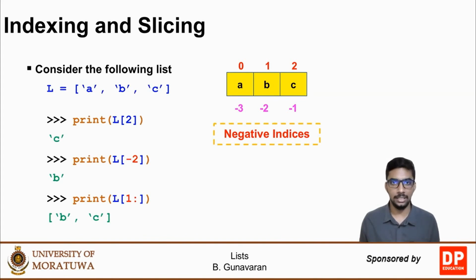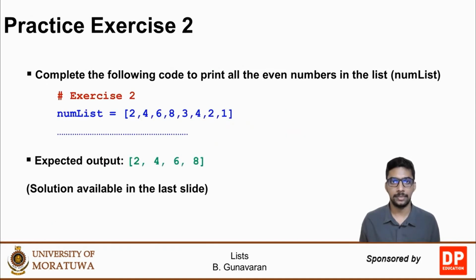When you say L[1:], leaving the second part of the range empty, it means from index 1 up to the last value of the list. Hence, in this example, it outputs the values B and C.